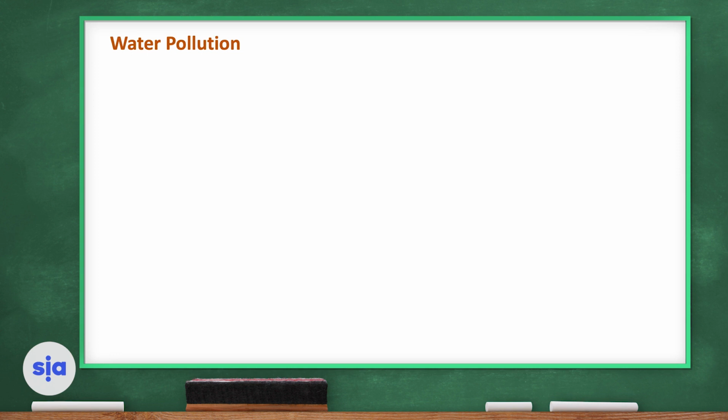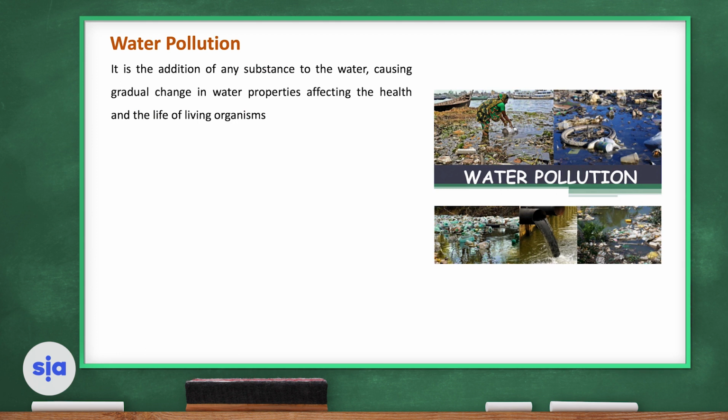Now let's talk about water pollution. What do you know about water pollution? Water pollution is the addition of any substance to the water, and this substance will cause a gradual change in water properties, and this will affect the health and the life of living organisms.